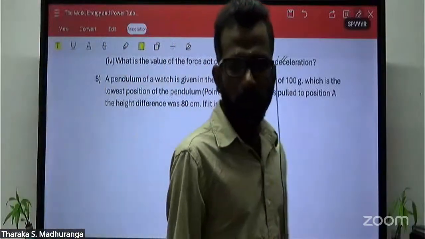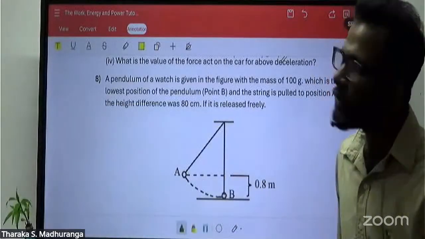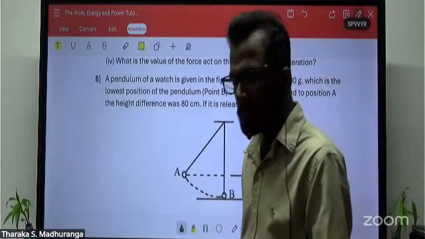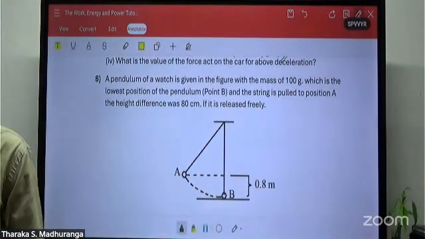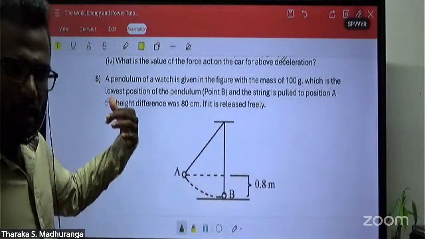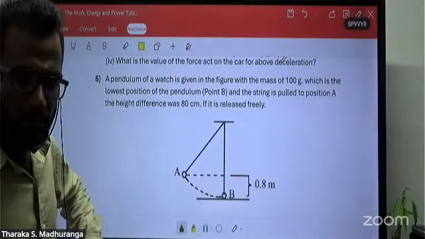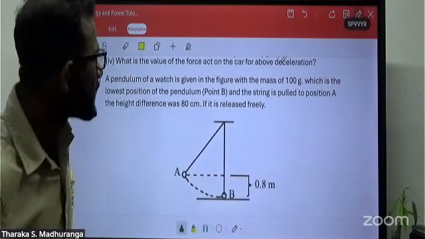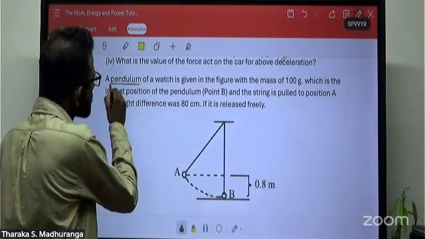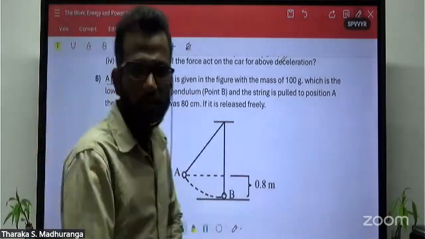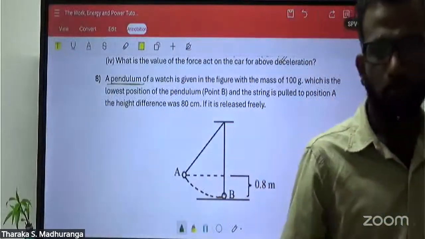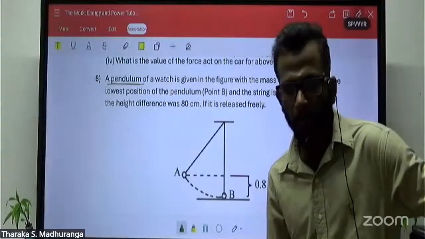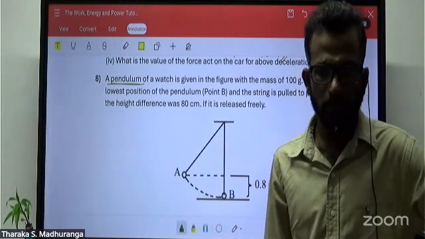Okay, what is the meaning of pendulum? What does pendulum mean? You already know. I asked for the English word.